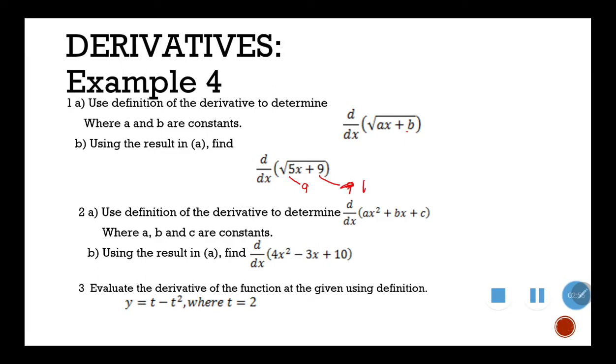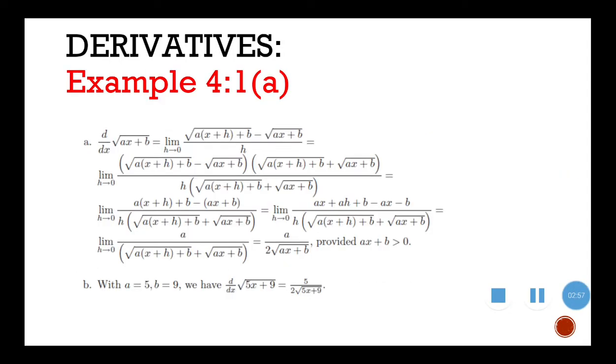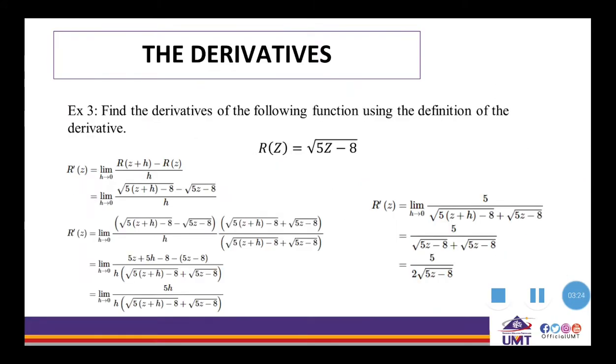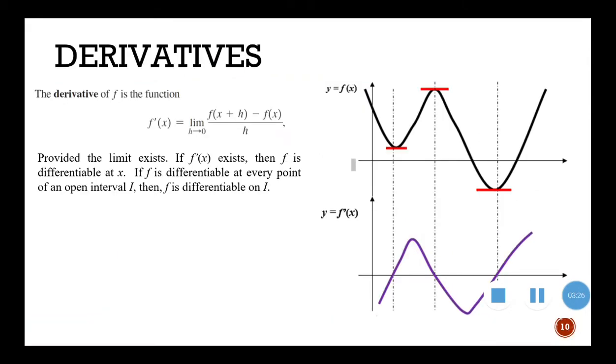The question asks us to use the definition of the derivative to determine the derivative of square root of ax plus b. Now let's look back. This is the definition of the derivative. So we must use this equation to solve this example.